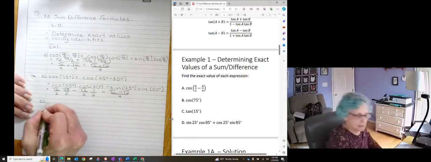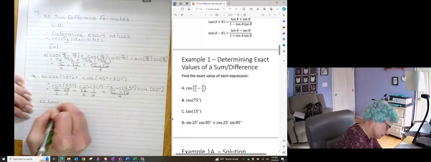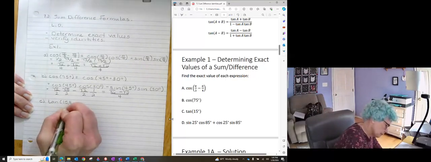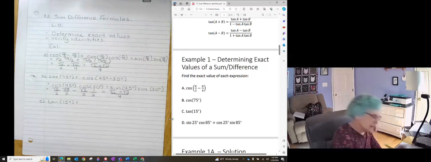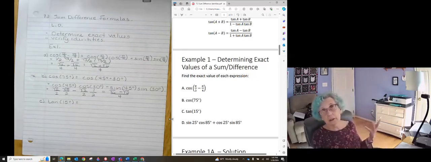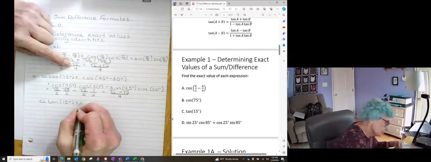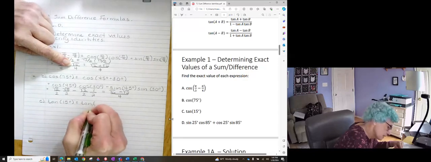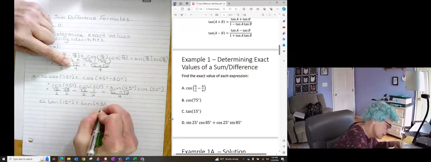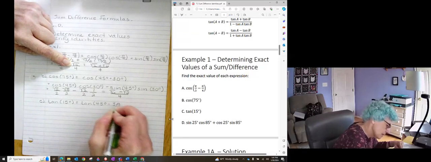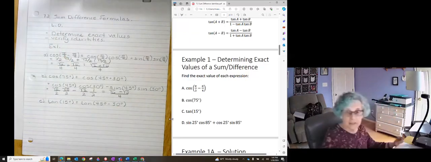Tangent of 15 degrees. Now we have to think about how can we get 15 degrees. Well, I could do 45 degrees minus 30 degrees.